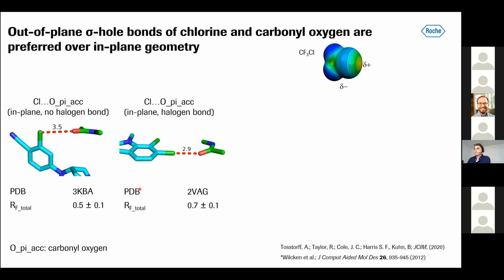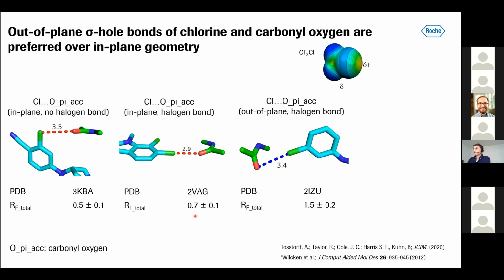Now, when we have the chlorine pointing towards the carbonyl oxygen, we see an increase in RF total, but we still do not compensate for the desolvation. So the RF value is still below 1. And only when we move the halogen bond out of the plane where the hydrogen bonds are made, we can see an RF total value way above 1.